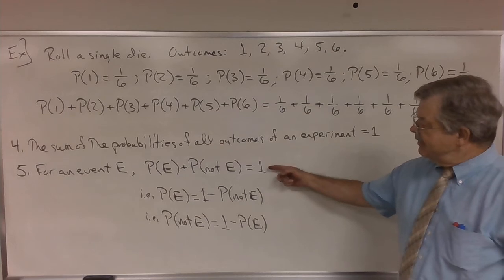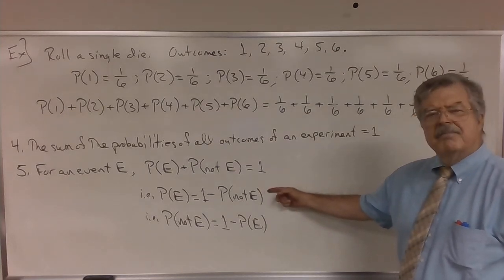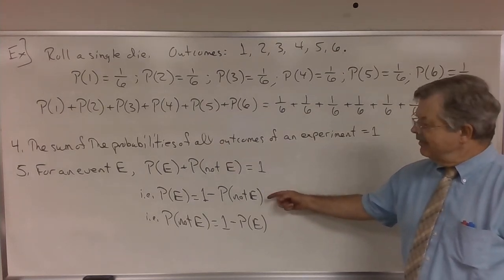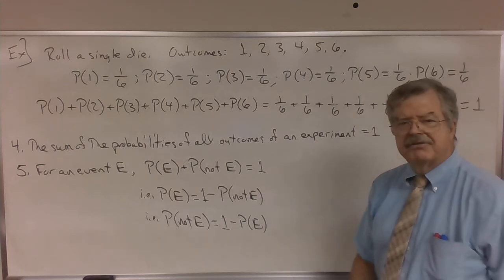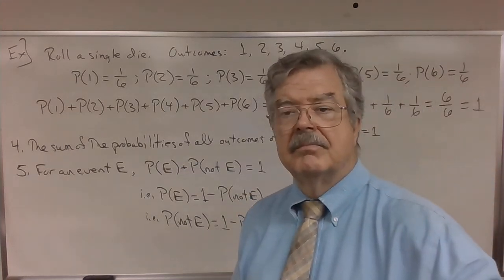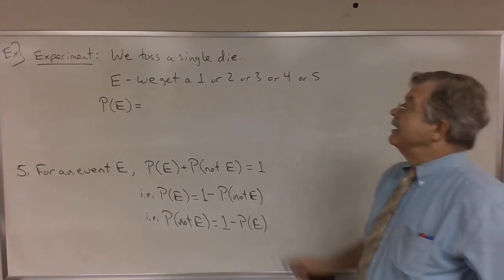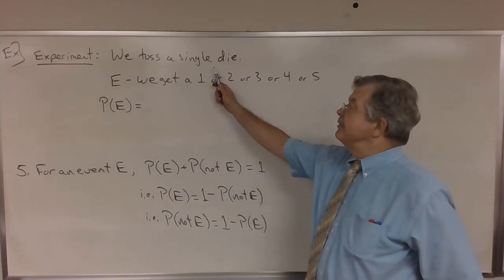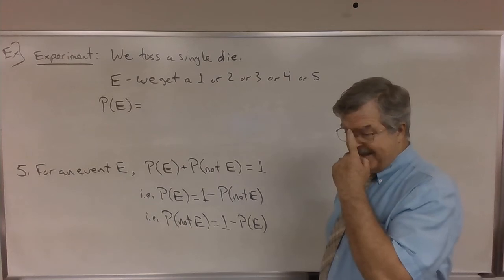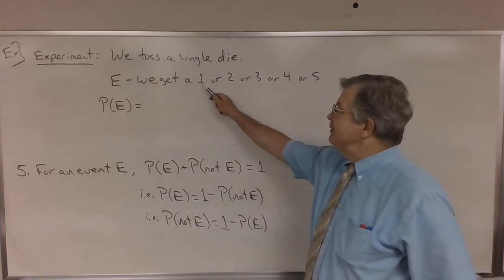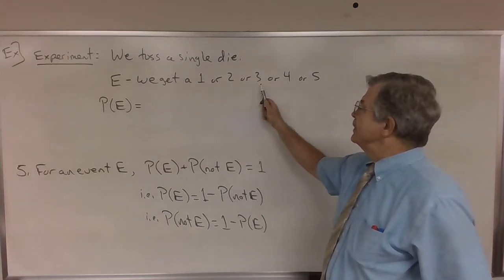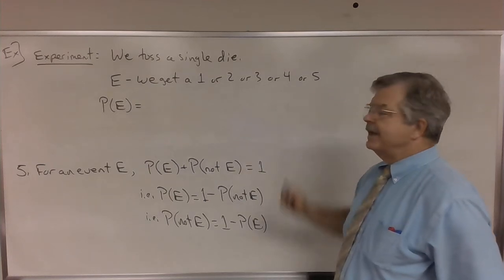Now let's consider an example that may show the value of this relationship. Okay, our experiment again is that we toss a single die, and E is the event that we either get a 1 or we get a 2 or we get a 3 or we get a 4 or we get a 5.